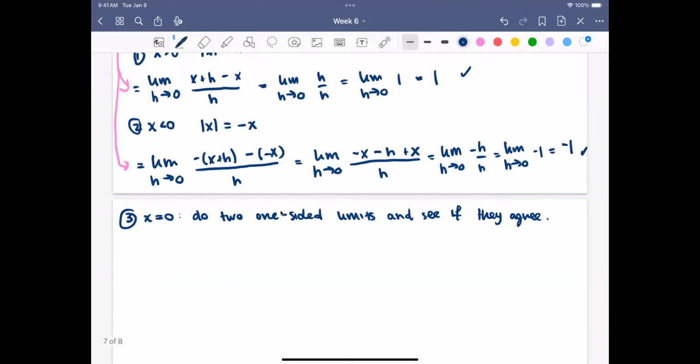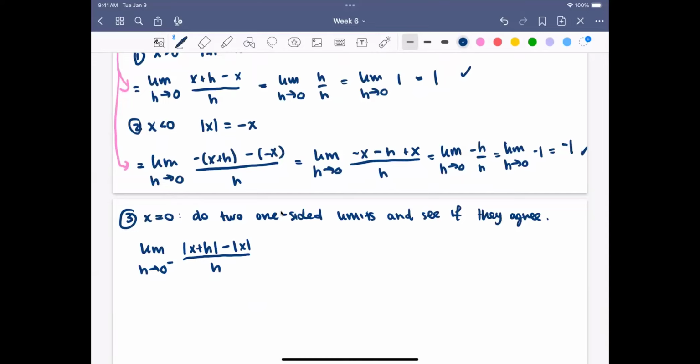If I take the limit as h approaches 0, say from the left, of absolute value x plus h minus absolute value of x, all over h, I'm going to plug in x equal to 0.